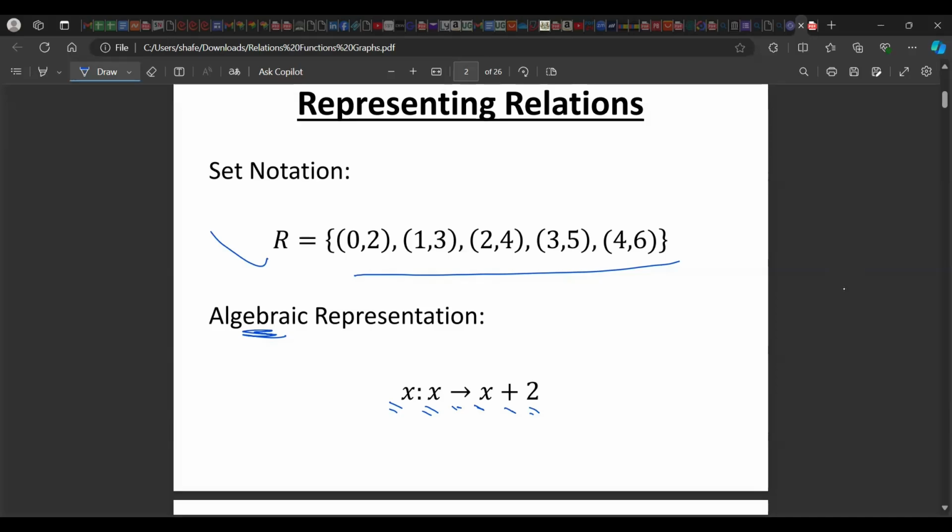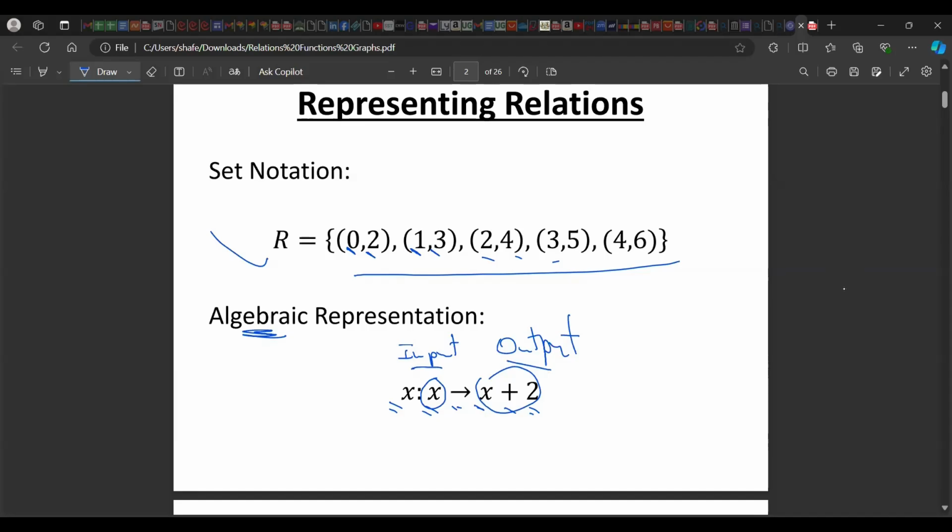We said that we take this first number, we add on 2, and we get 2. Take this first number, we add on 2, we get this number, and so on, right? So we're saying the relation is like you're taking an input, and this is the output. The input is X, the output is X plus 2.